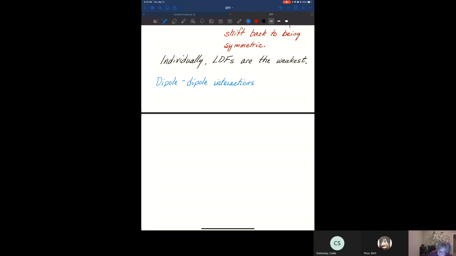And so dipole interactions form between molecules of polar compounds. And that is the first key difference. Dipole-dipole interactions, you must have polar compounds.